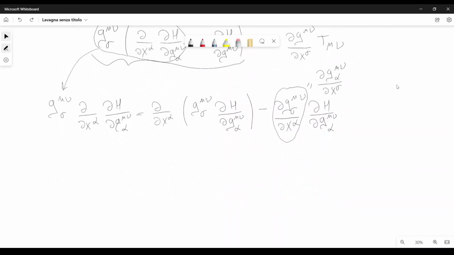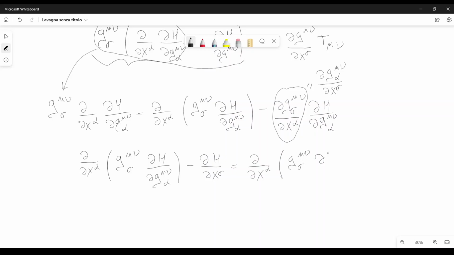So on the left hand side, we will have the derivative with respect to x^α of g^{μν}_σ times ∂h/∂g^{μν}_α. And if you combine the other terms, you get minus the derivative of h with respect to x^σ. This can also be written like this: the derivative with respect to x^α of g^{μν}_σ times ∂h/∂g^{μν}_α, and then here we have minus δ^α_σ times h.